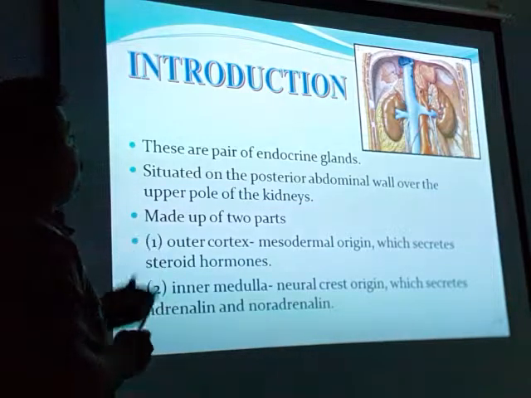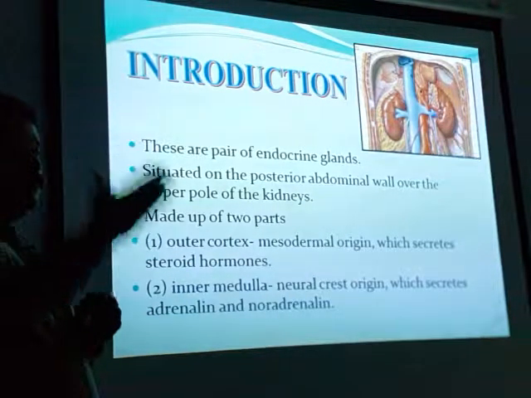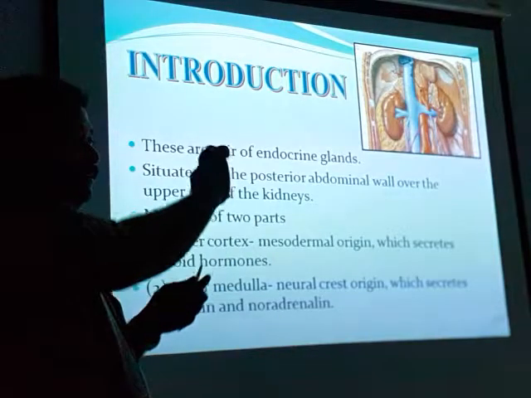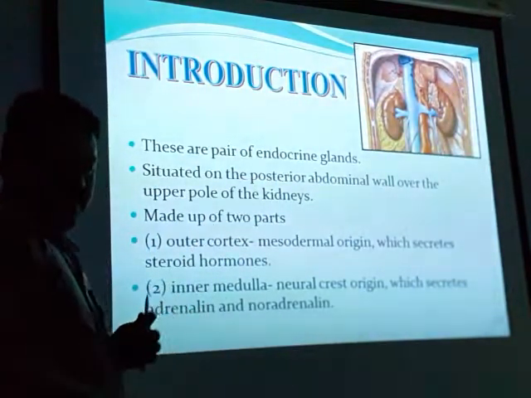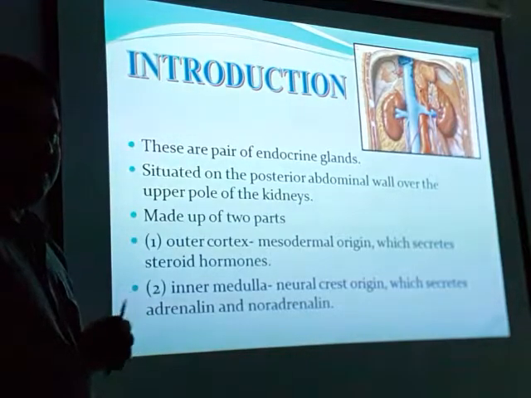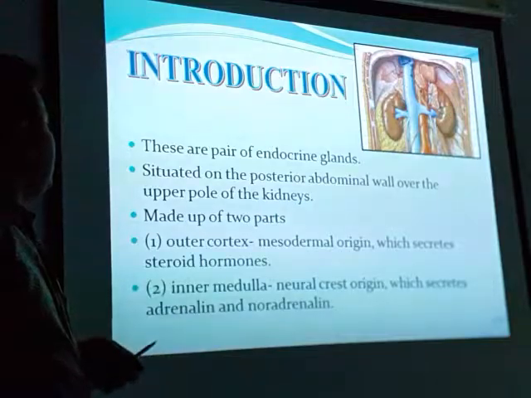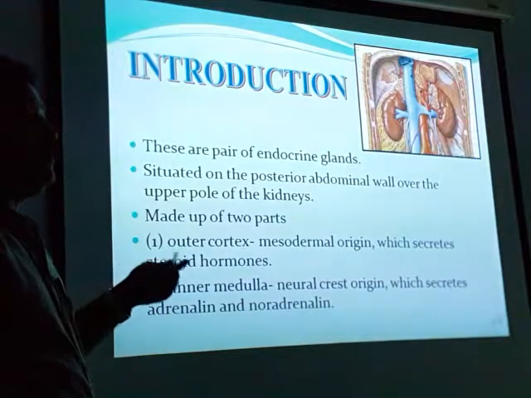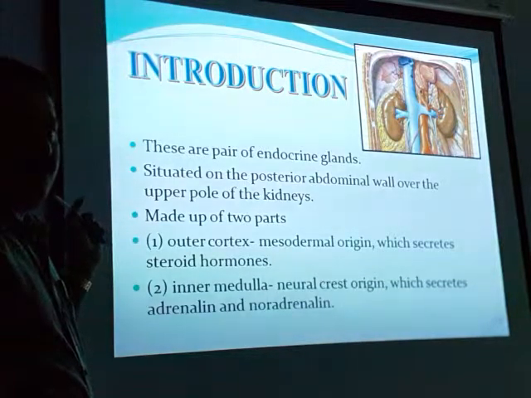Next, it is made up of two parts, the outer cortex and the inner medulla. In this cut section through the suprarenal gland, you can see the outer cortex and inner medulla. I think it is covered in histology. The outer cortex is mesodermal in origin and secretes steroid hormones.